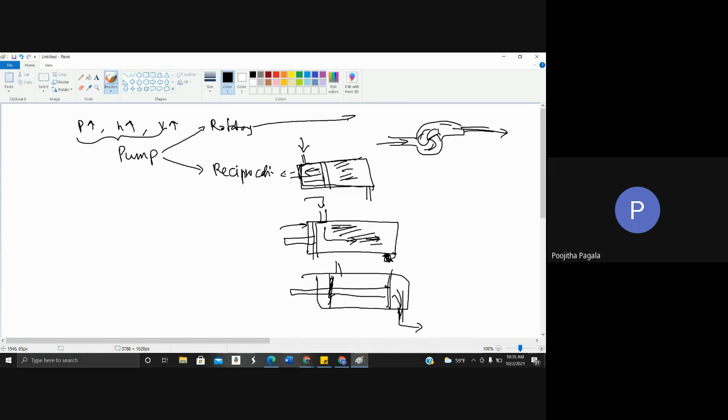So you can see here the volume remains constant, whereas energy is being added because of the motion of the rotor. Because of this rotary motion, they are called rotary pumps, unlike reciprocating pumps.